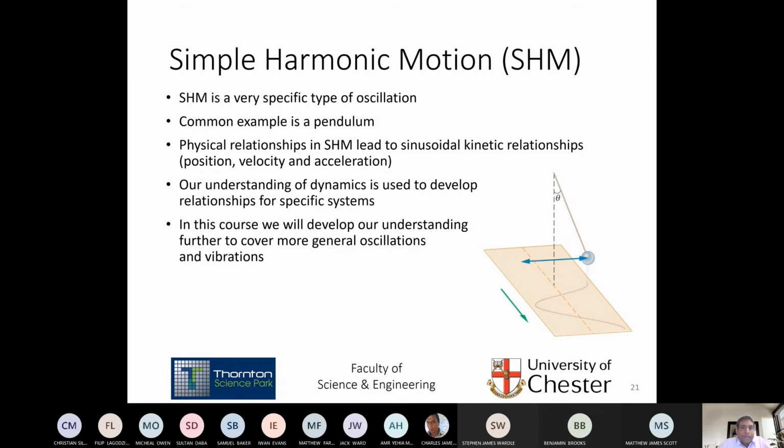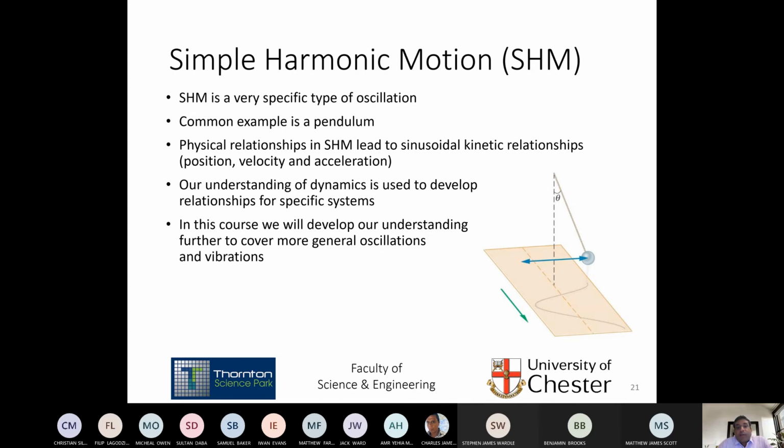So if the position was varying as A sin omega t, then you'll get the velocity as A omega cos omega t by taking the derivative, and then you get minus A omega squared sin omega t as acceleration. That's how you get your relationships for position, velocity, and acceleration in simple harmonic motion.